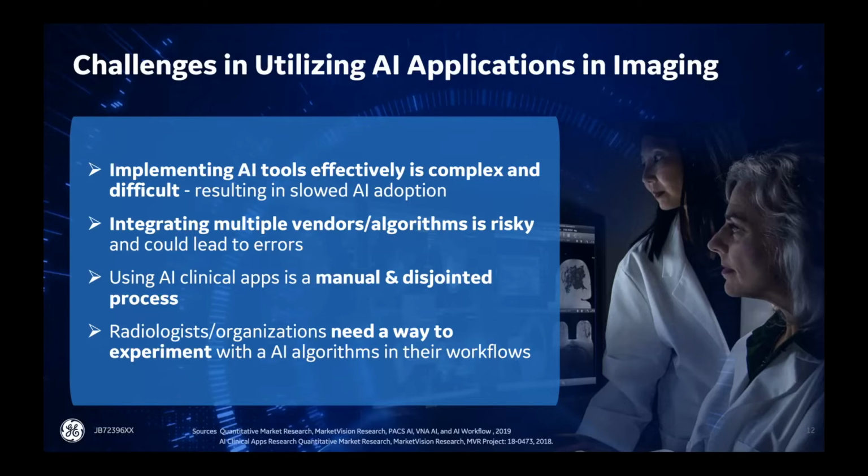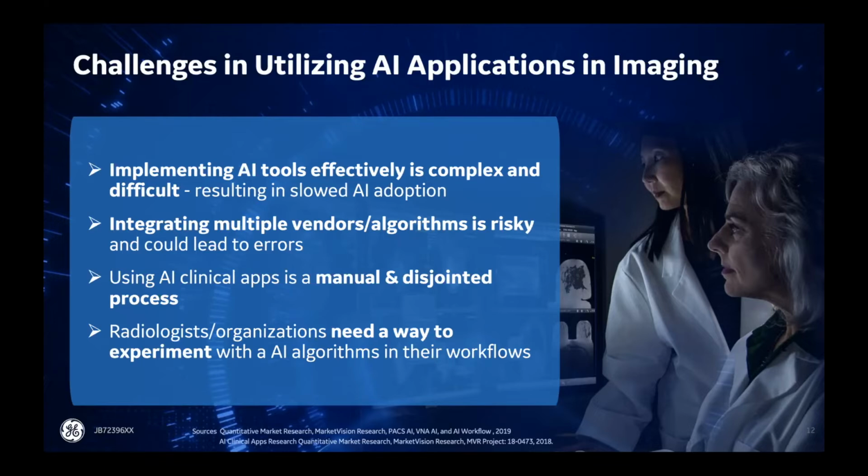Like I said in the beginning, if you think from the hospital perspective, there are different systems there, and it's a very manual, disjointed process, right? I have system A for doing something, system B to do another thing. So how do I put all of those things together?